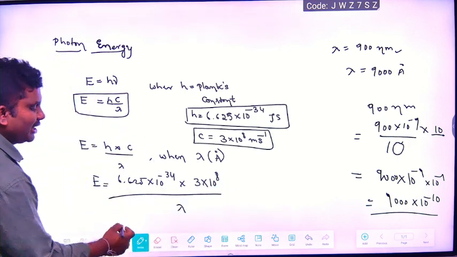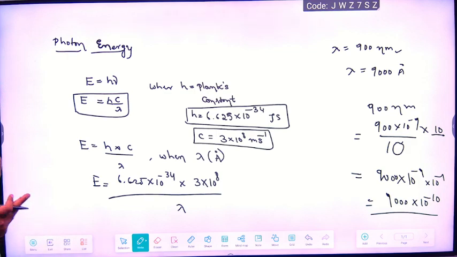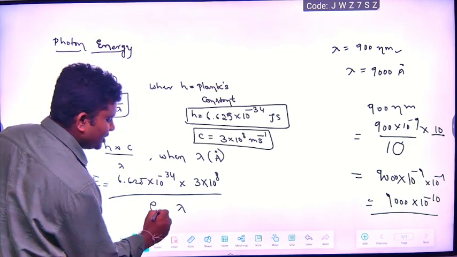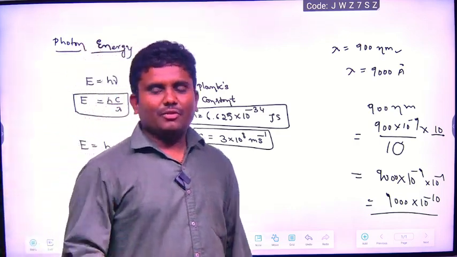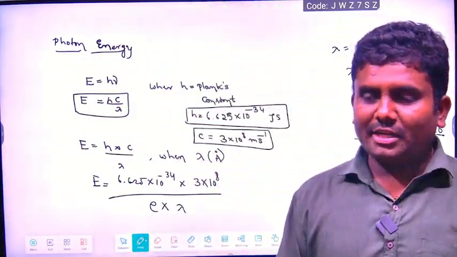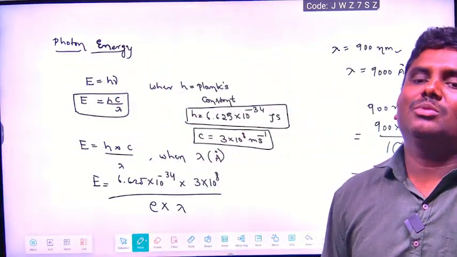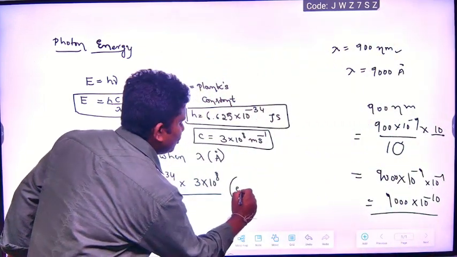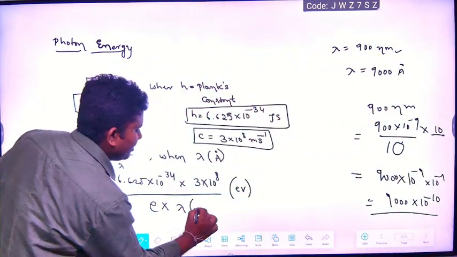Now you need to convert into electron volts. How can you convert the energy into electron volts? Divide by the charge of electron. If you divide by the charge of electron, then the energy will be in electron volts. Now instead of joules, you can write electron volts, and this lambda will be in angstrom.